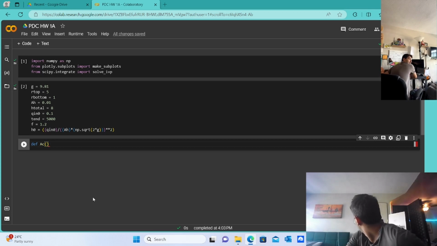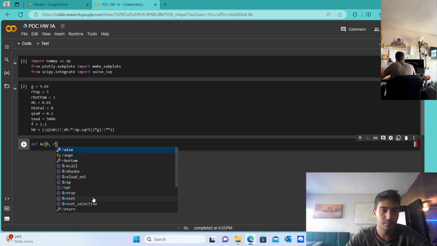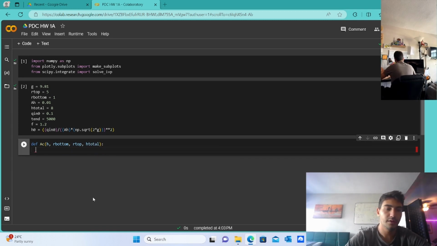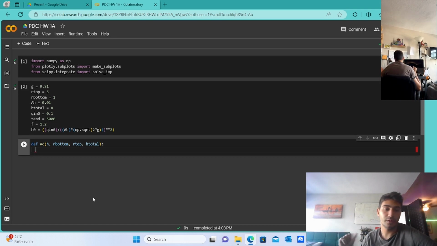And then we have to put in what it's going to need. So if we look, it's going to need H, our bottom, and our top, as well as H total, right? Those 4 things. Then what we're going to have it do is put in the equation for R, and then with R we're going to return the value for AC.